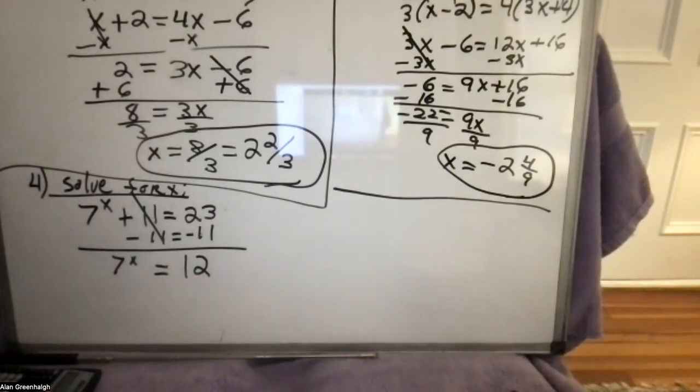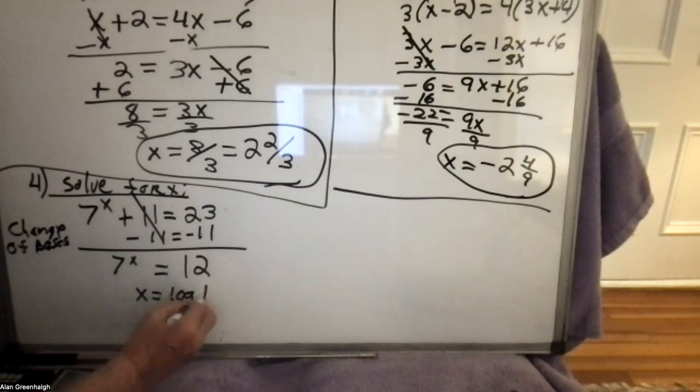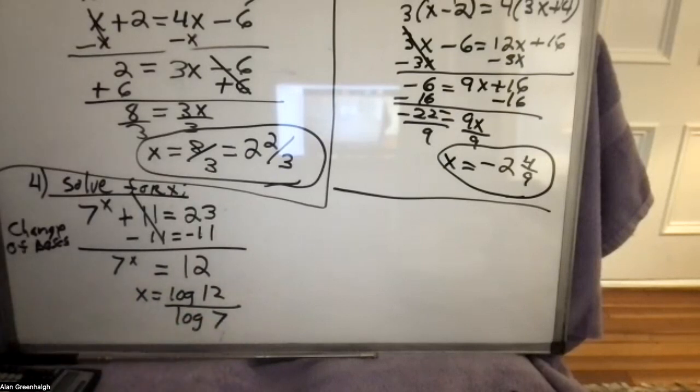Now we're back to something we did earlier in the class, which was called change of bases. Remember change of bases? And the next step in this problem is to say that x is equal to the log of 12 divided by the log of 7. And then it's back to the calculator.